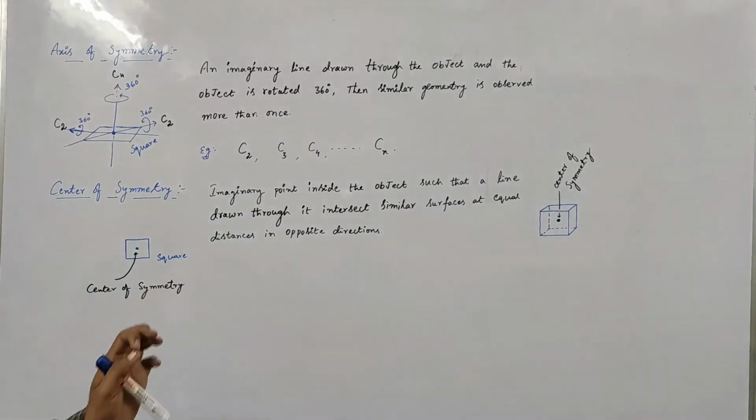Now if I pass any imaginary line through it, does the line meet similar surfaces in opposite directions or not? I passed a line through it. In any direction, right? Only then do I call that point the center of symmetry.